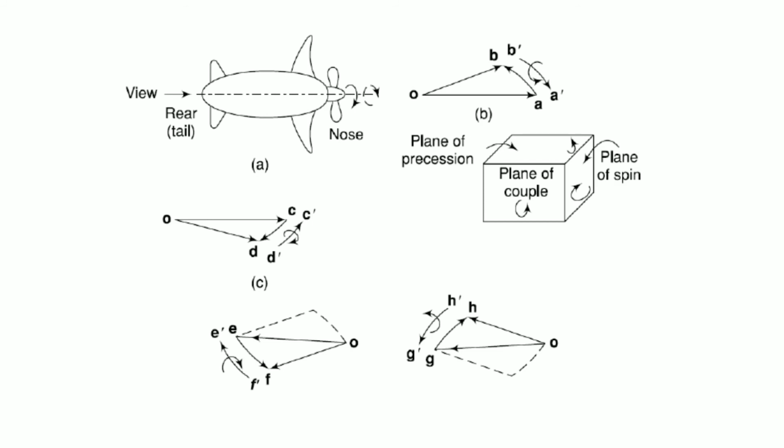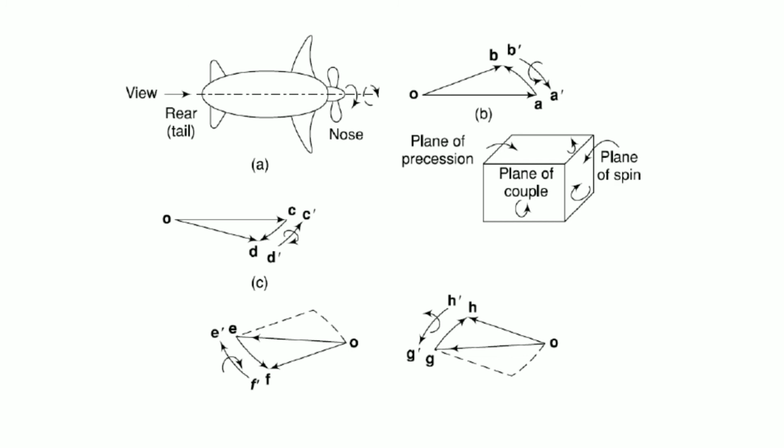Now when this aeroplane is taking a left turn, the change in velocity gives OB, which also represents the angular velocity of the rotor when the aeroplane is taking a left turn. So AB is nothing but the change in velocity.